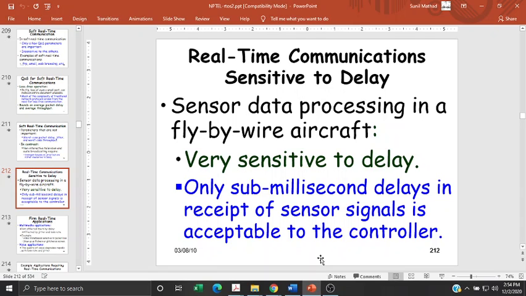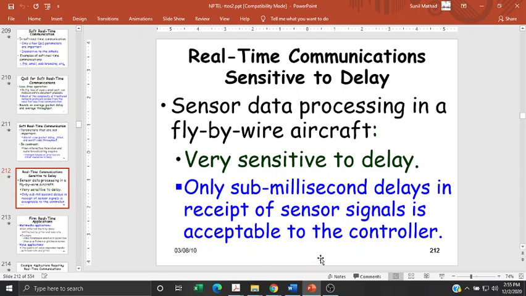How you communicate and how you rectify things becomes very prominent. If you are flying a plane by wire, or you have fired a missile, the trajectory correction has to happen within a stipulated amount of time because it's flying at a very high speed. If I have computed a new trajectory and it reaches after a certain amount of time, the path is already over or the correction cannot be done. So there is no hope for the system.